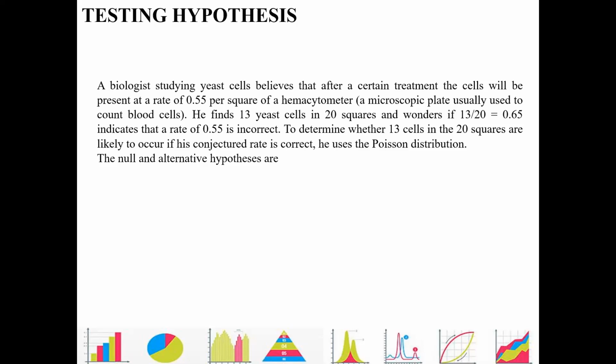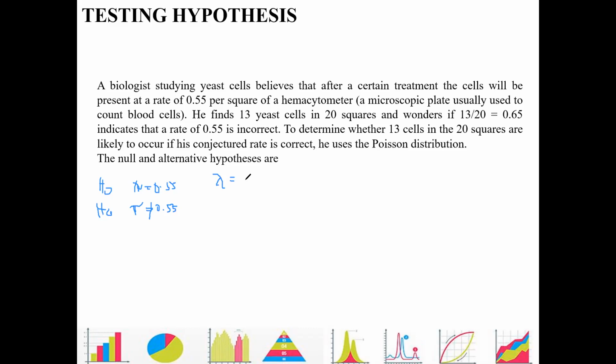Okay, so paano natin maiintindihan? So ito yung null hypothesis natin. Ito yung alternative. So phi is equals to 0.55. Ito ay not equal to 0.55. Now, ano muna ang ating magiging expected value or yung lambda natin?